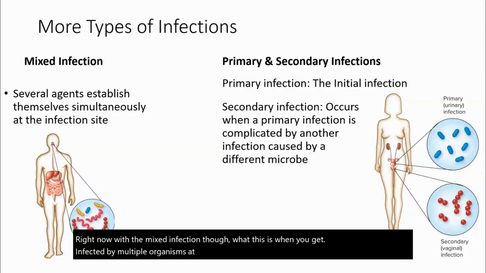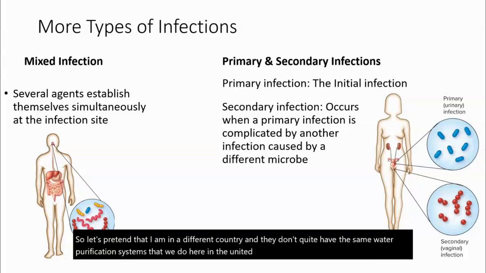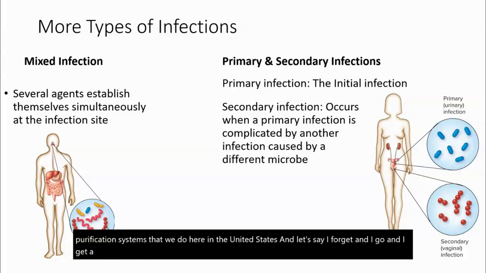All right. Now, a mixed infection is when you get infected by multiple organisms at the same time. Okay, so look at that picture on the left. Let's pretend that I am in a different country and they don't quite have the same water purification systems that we do here in the United States. And let's say I forget and I get a big old glass of tap water and I drink it down.